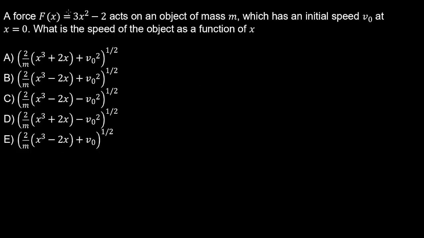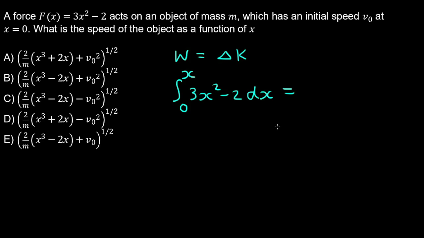A force which is a function of x acts on an object of mass m, which has an initial speed v0 at x equals 0. What is the speed of the object as a function of x? Well, remember our work kinetic energy theorem, where the work of a force in one dimension is the integral of the force with respect to x, and here we integrate from x equals 0 to x.